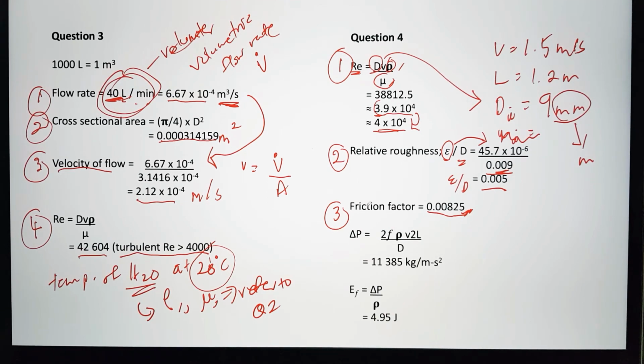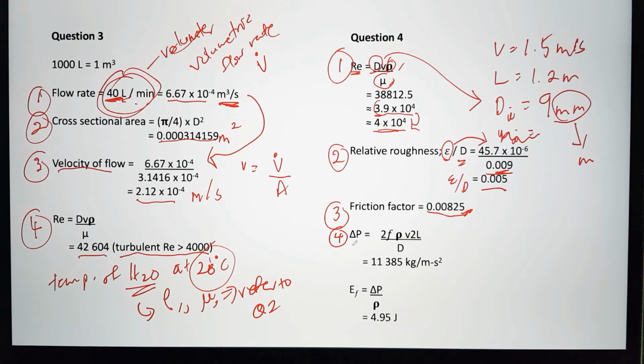After you get the value of friction factor, we move on to calculate delta P, the pressure drop, because the last step is going to be the calculation of the energy loss due to the friction.